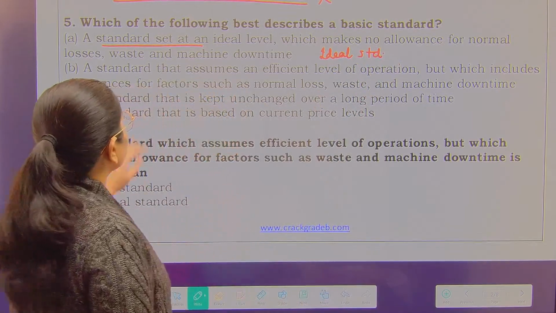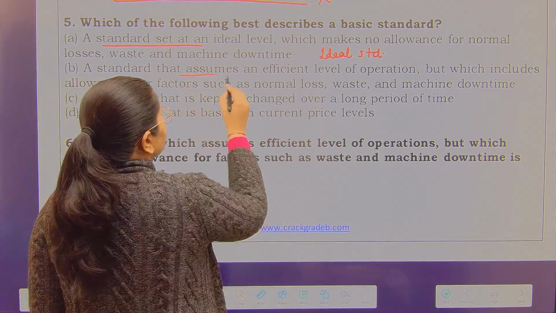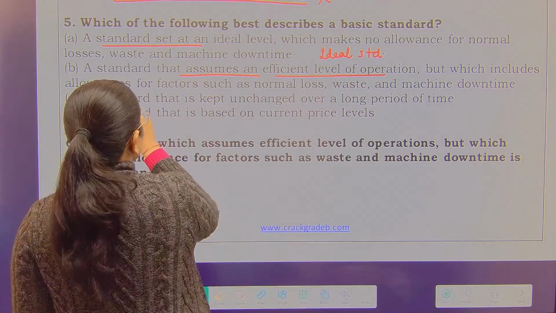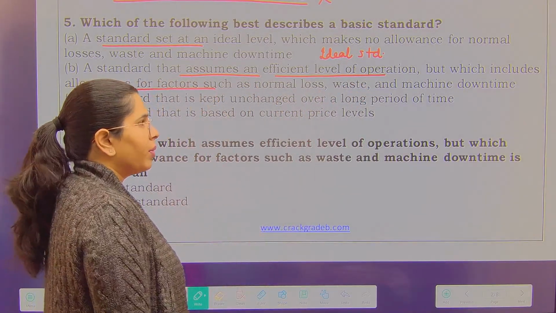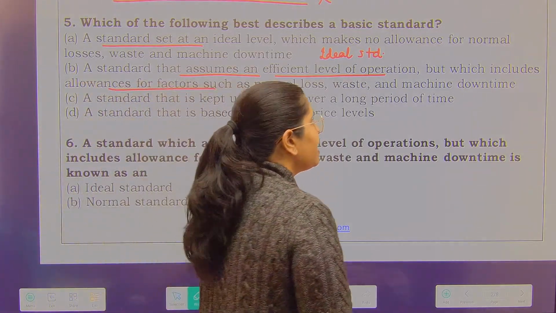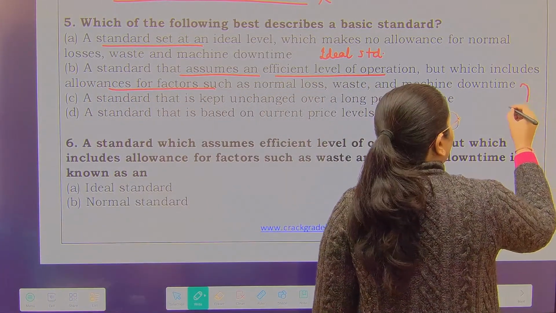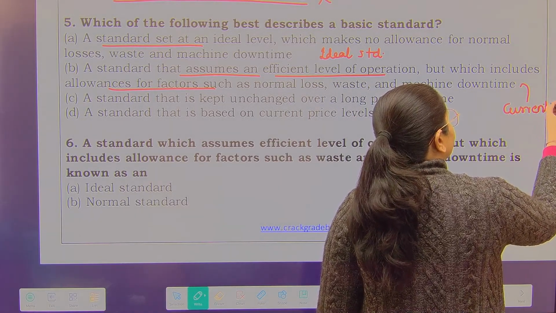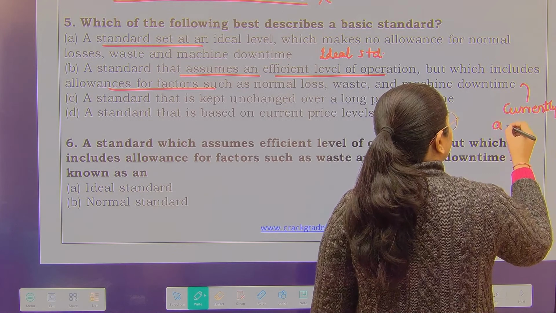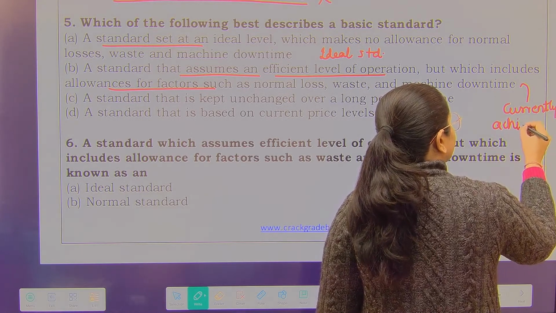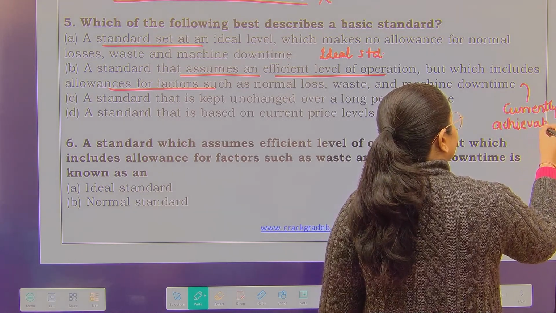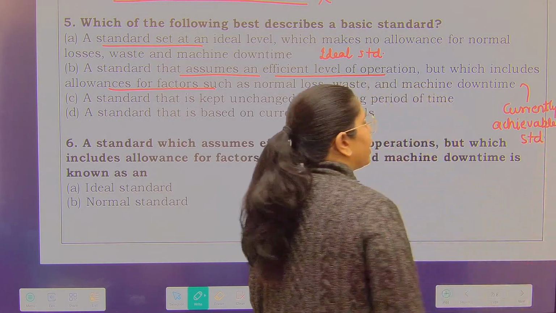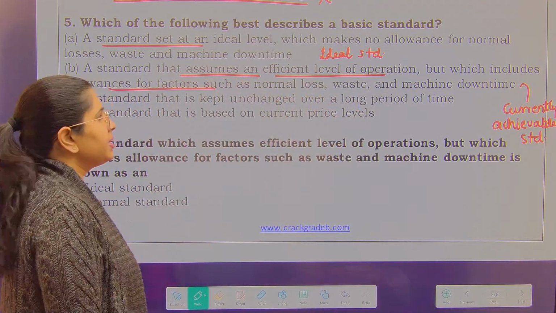Next, a standard that assumes an efficient level of operation but which includes allowance for factors like normal loss, waste, machine downtime. This is known as the currently achievable standard.